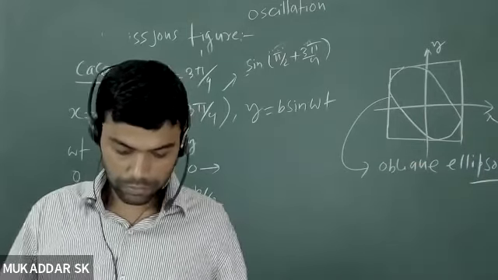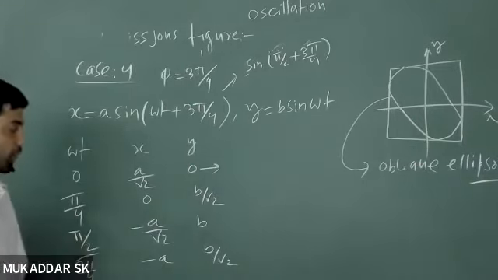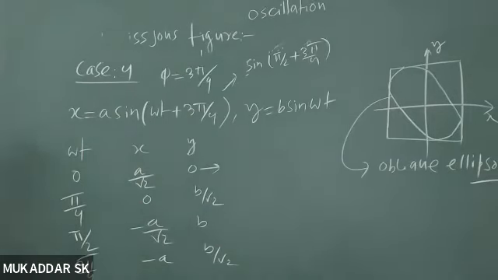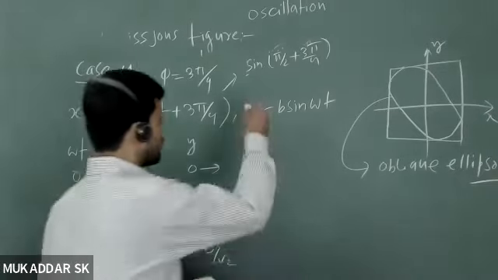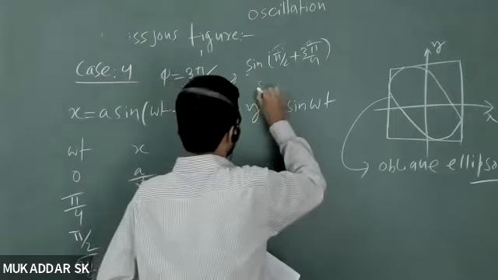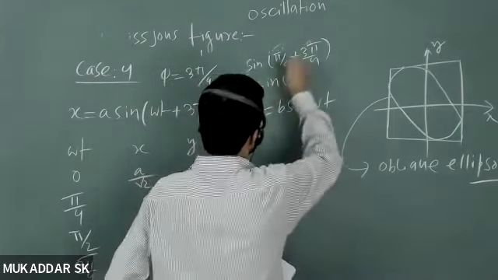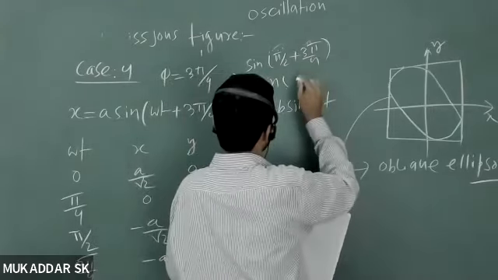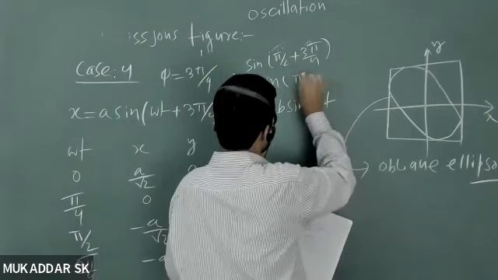Now what about when phase equals pi by 2? How did we get x equal to minus A by root 2? You can check here. How much will you get? Sine of this, which will be 5 pi by 4, right? 5 pi by 4 means pi plus pi by 4.